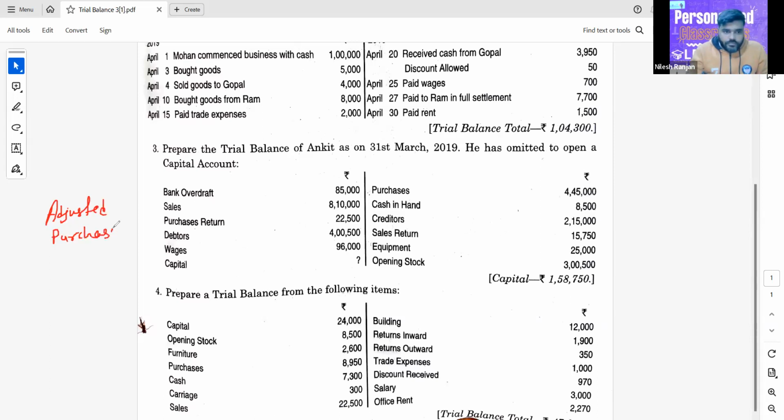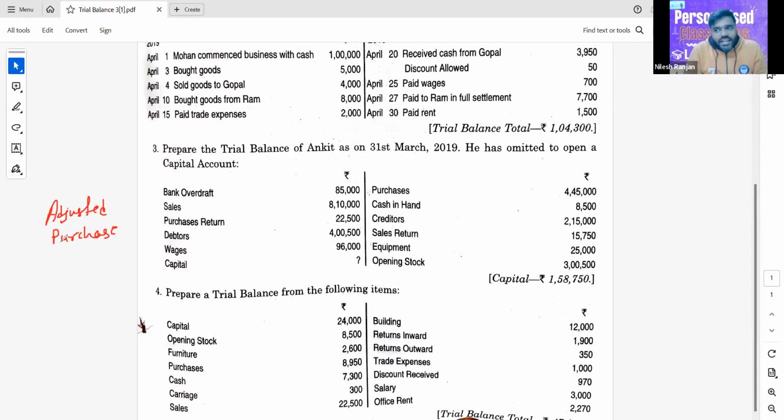Adjusted purchase. It means, like, is it like a discount thing, like settling? Settling discount?